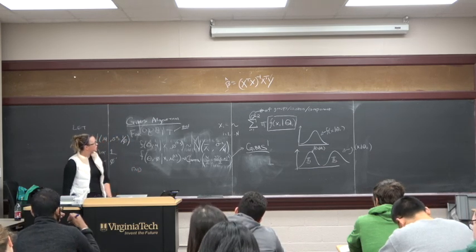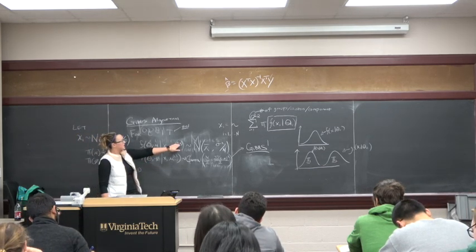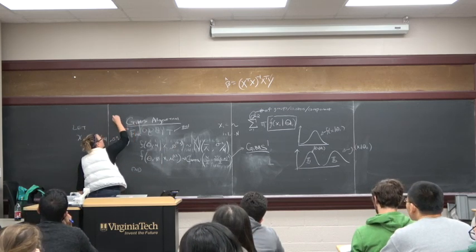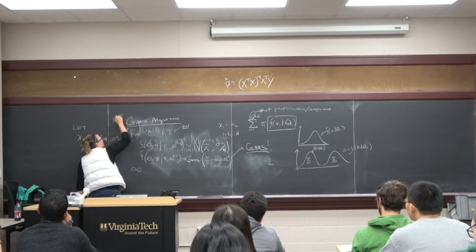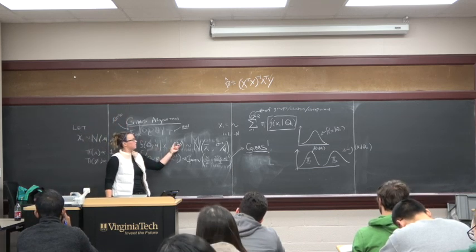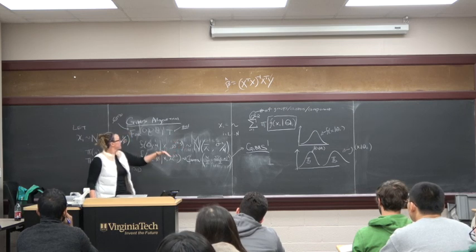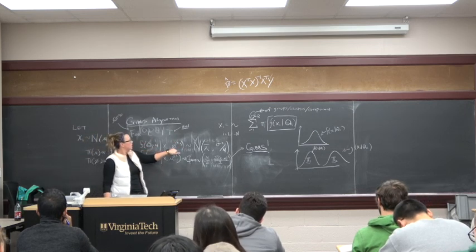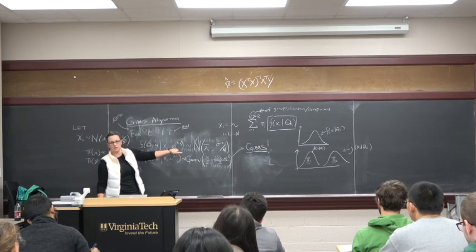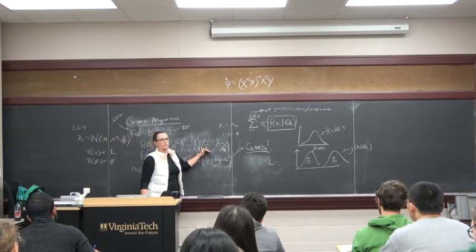Additionally, since we need a starting location, we need to have phi 0 because I'm starting with phi t. Does this make sense? So at our first iteration, we're going to condition on phi 0 and sample.